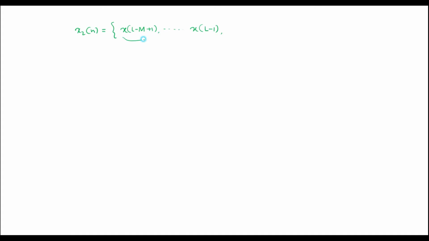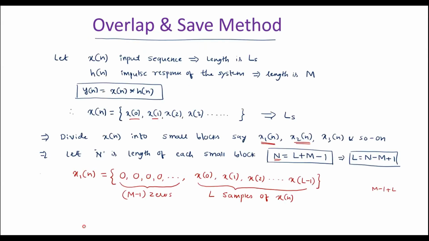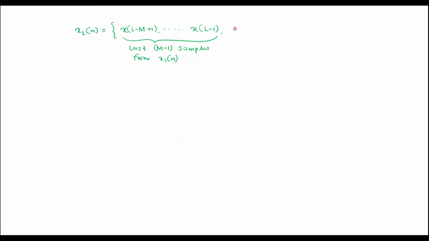That is, it consists of the last m minus 1 samples from x1 of n. Last m minus 1 samples must be rewritten in case of x2 of n, and it is followed by again L new samples of x of n.